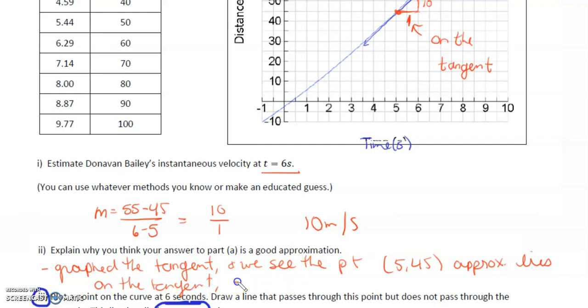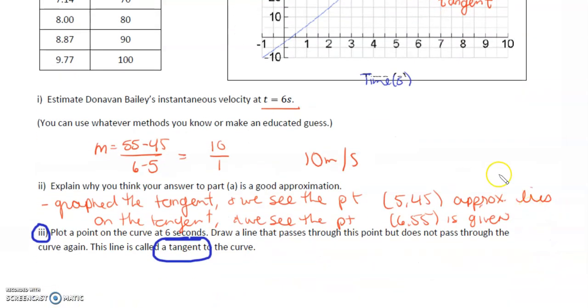And we see the point 6, 55 is our original point. So that one's given. I'm just going to put is given. And then we used the slope formula. Okay, so that's why I think it's a good approximation.